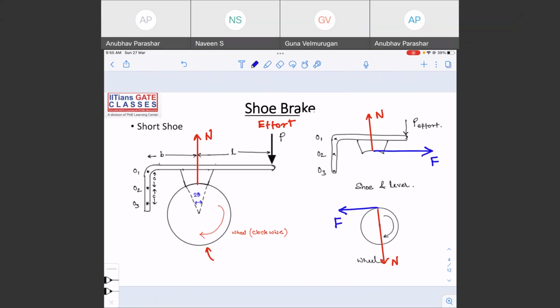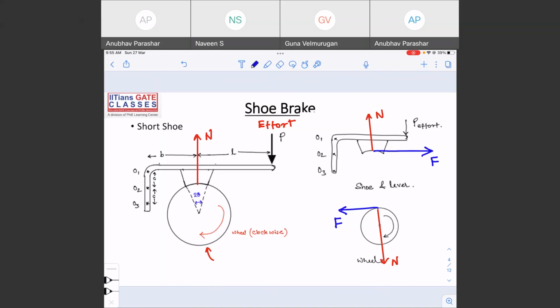It is not necessary that the wheel will be rotating clockwise always, right? If it is rotating anti-clockwise, you'll have to figure it out. So first figure it out for the wheel. If the wheel is rotating clockwise, definitely the friction force will be opposite, no doubt about that. And yes, there might be some force in the hinge.